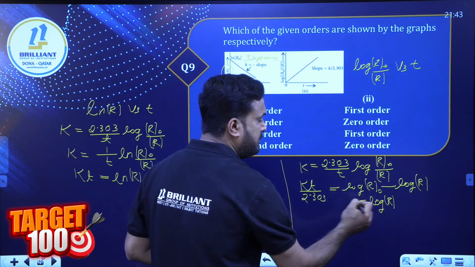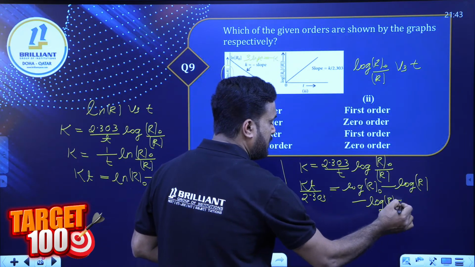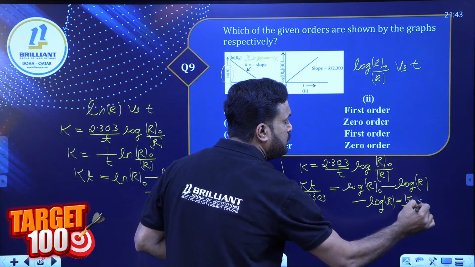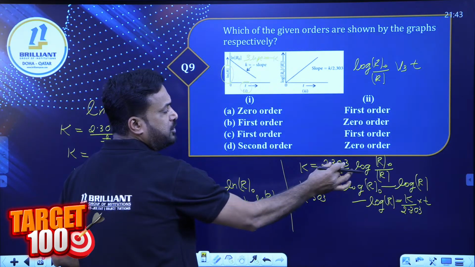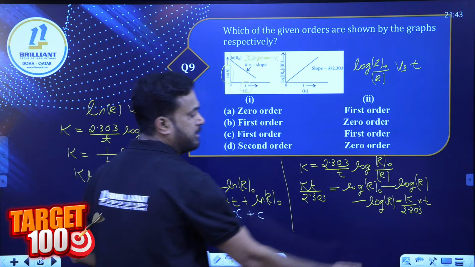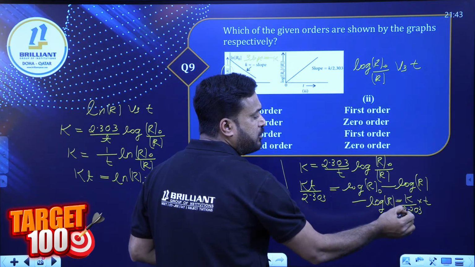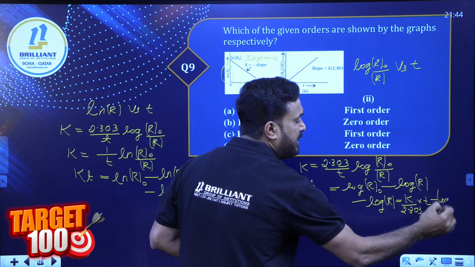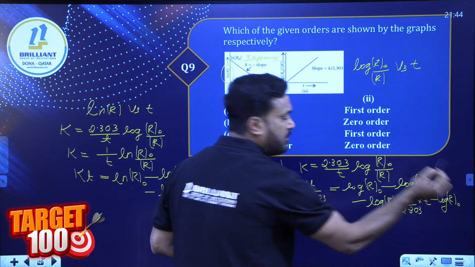This part is visible, I think. Minus log concentration of r is equal to k divided by 2.303 into t. 2.303 was in the numerator, so when you take it to the left hand side, it will be in the denominator, divided by t. So k by 2.303 into t, when it comes to the left hand side, it will be negative, minus log r0, correct?